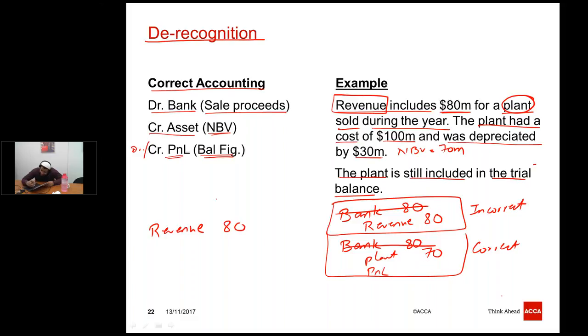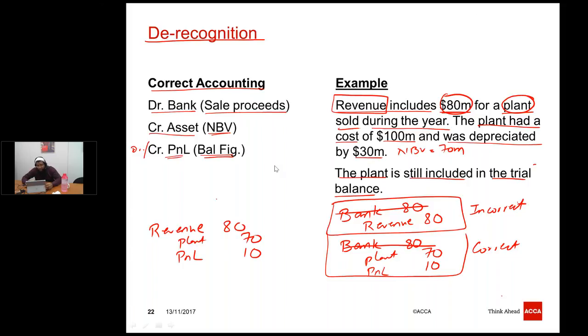And this is not 30, this is 10. Because the revenue received was 80. So we are going to debit the revenue by 80, we are going to credit the plant by 70, and then we are going to take the balancing figure of 10 as a gain on disposal. So this is how the gain on disposal should be calculated in this case.